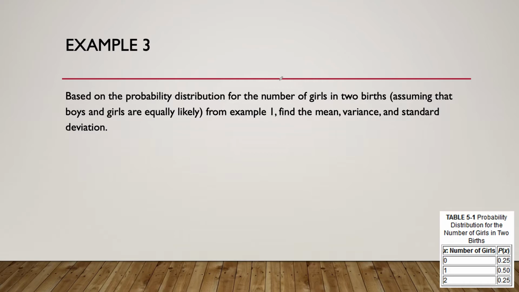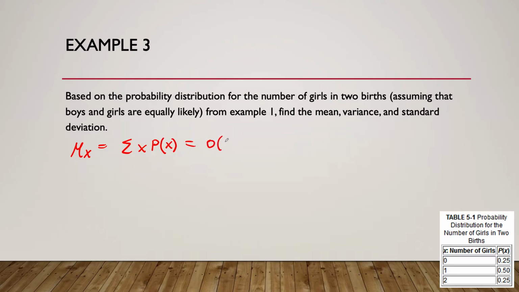So, for example, based on the probability distribution for the number of girls in 2 births, which we got this table for, assuming that boys and girls are equally likely, which they are not, from example 1, we want to find the mean, variance, and standard deviation. So the mean of a random variable x, we take each value of the random variable, multiply it by its probability, and add them all up.